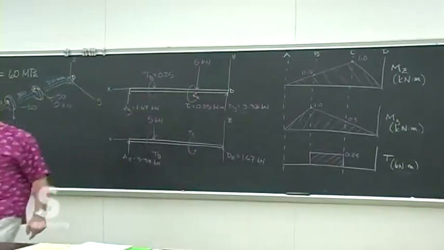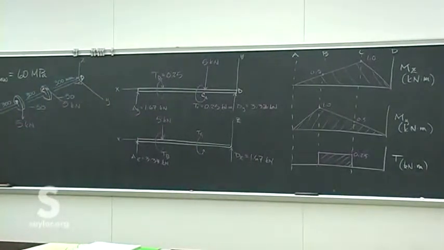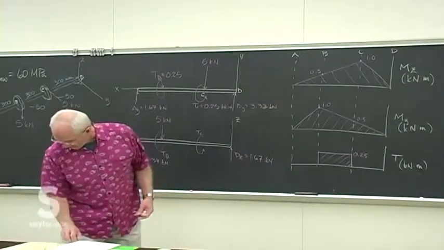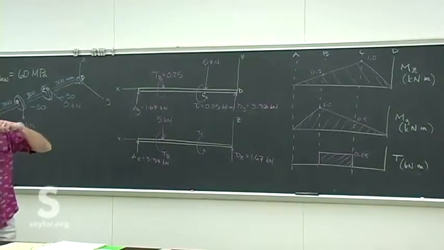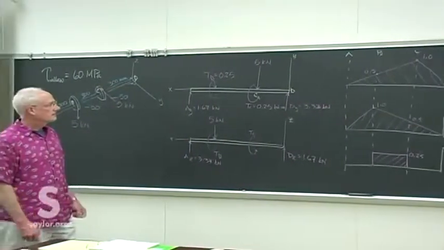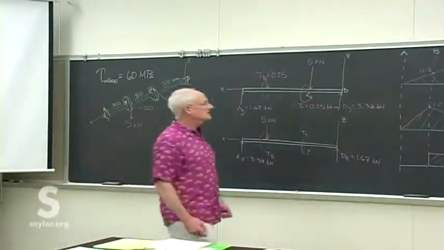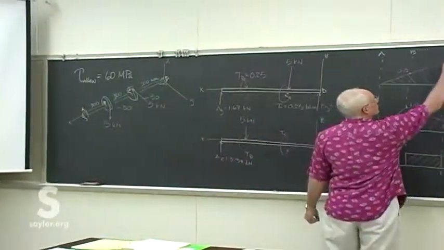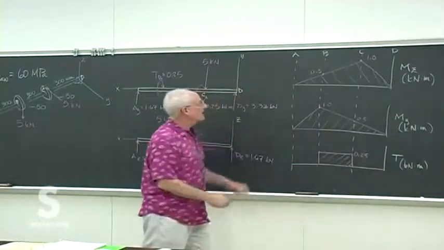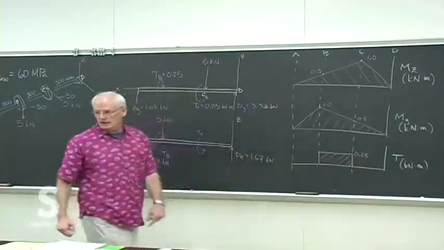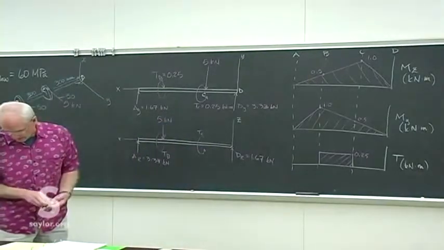Two far ends are free to turn. So you really only need to do one place because of the symmetry of the problem. The 1 and a 0.5 and a 0.25, because you get the same thing at the other gear. You're going to get exactly the same values.